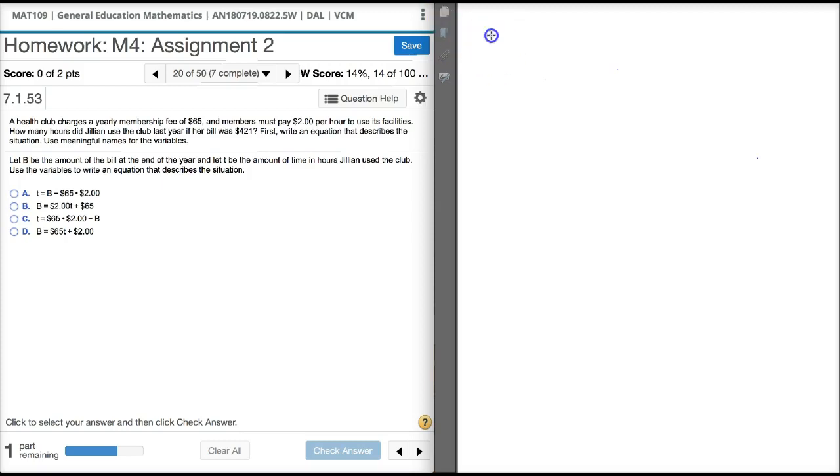So we see here that we have a total cost type situation, which is variable cost plus fixed cost. And of course, the fixed cost is our yearly membership of $65. We've got to pay that no matter what. And the $2 per hour is going to be the variable cost because that cost varies on how many hours you use the facilities.